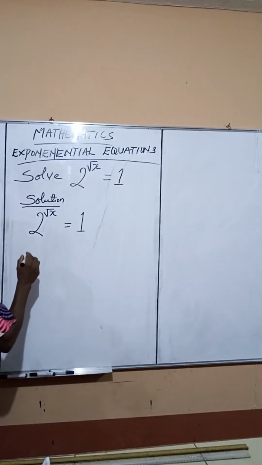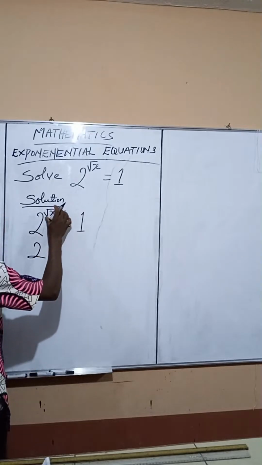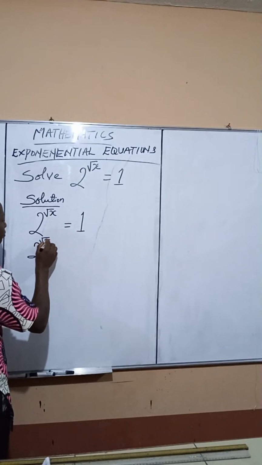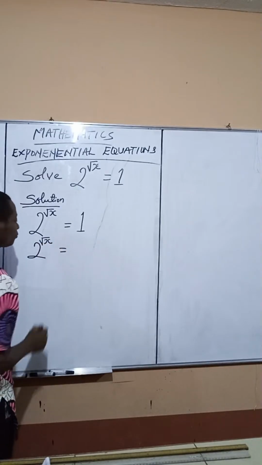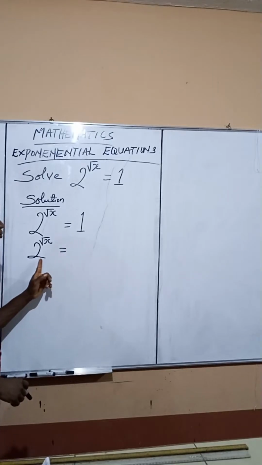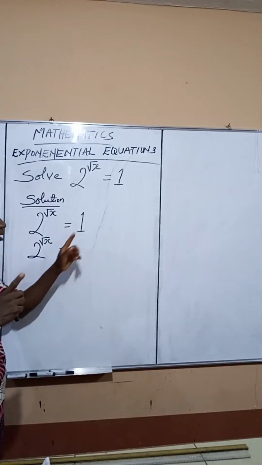So the implication is that we are going to write 2 raised to the power of the square root of x equals to, then here, since we already have 2 here, from the law of indices, whatever we raise to the power of 0 will give us 1. So we have 1 here.